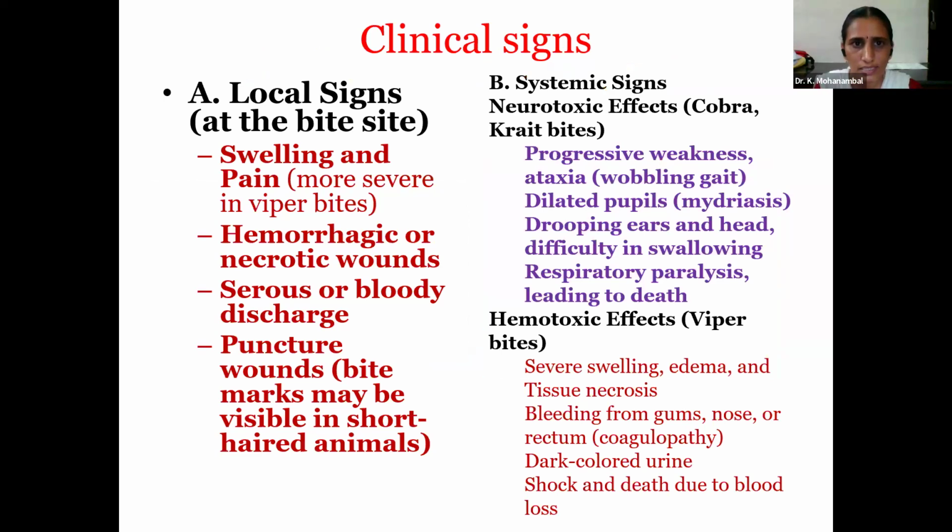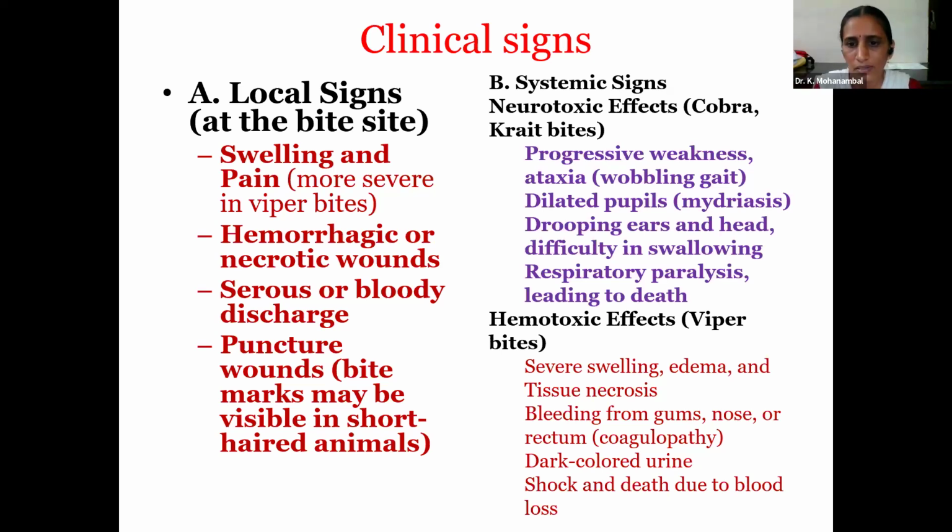If an animal is suspected of snake bite and only local swelling, pain, necrotic wound, discharge or a punctured wound is there, you can treat it. That will be easily cured because the signs are only local. Suppose systemic signs are there. In neurotoxic snake envenomation, it is difficult to treat; respiratory failure and difficulty in swallowing lead the animal to death.